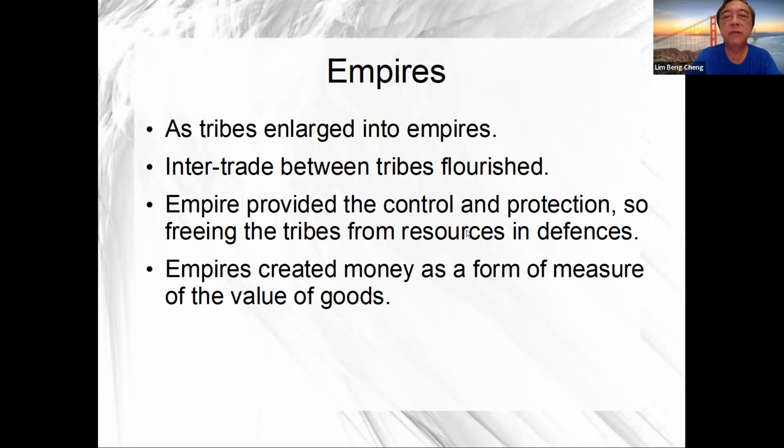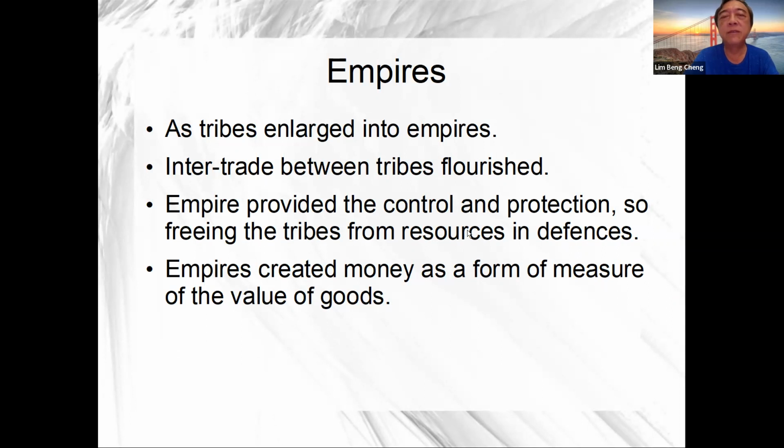Because if you are an empire, you have many families and maybe tribes, so it's not easy to control them. So they need rules and all these resources to protect each other from within the tribes and outside the empire.